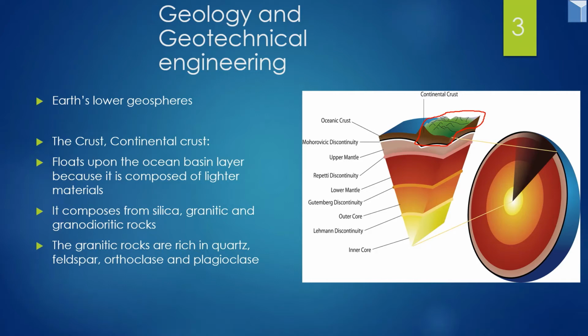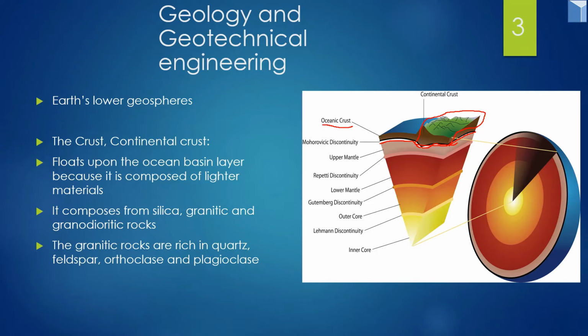The other type of crust is called the oceanic crust here, and we speak about the Mohorovicic discontinuity, which is a seismological separation between the crust and the upper mantle.